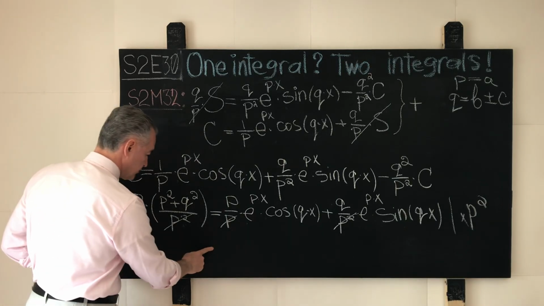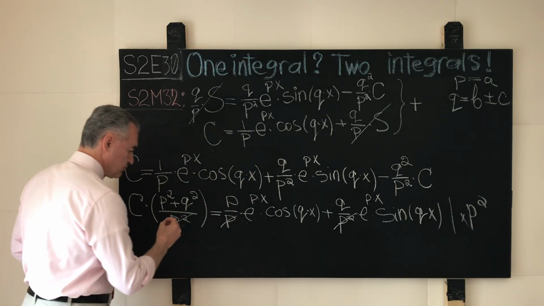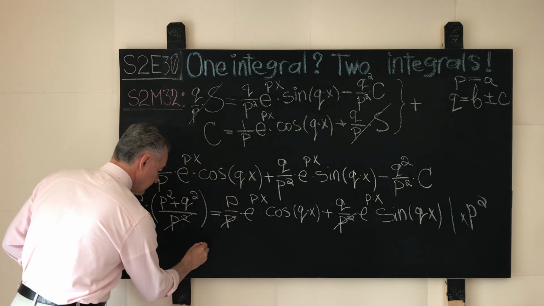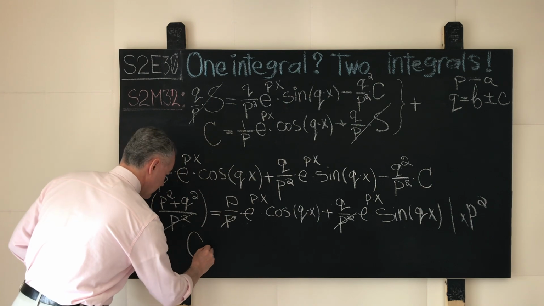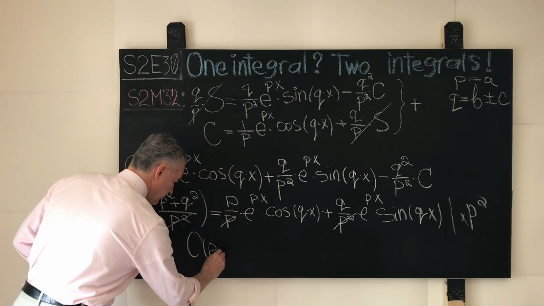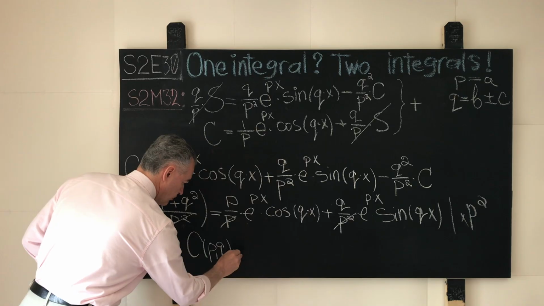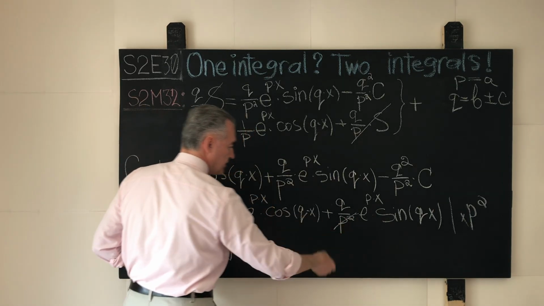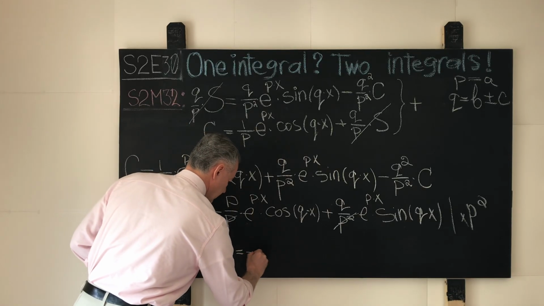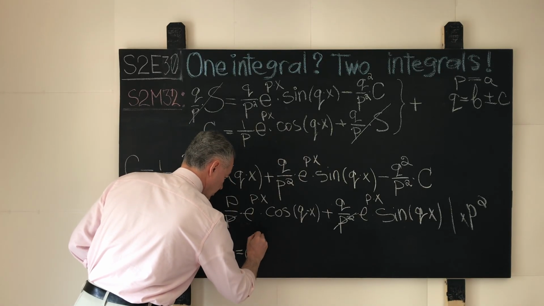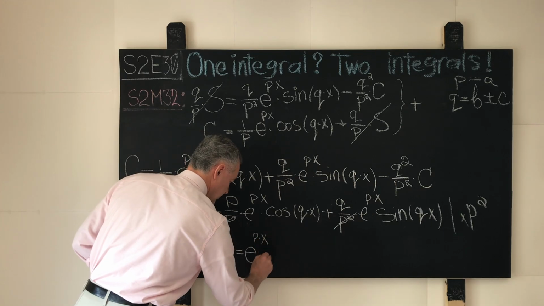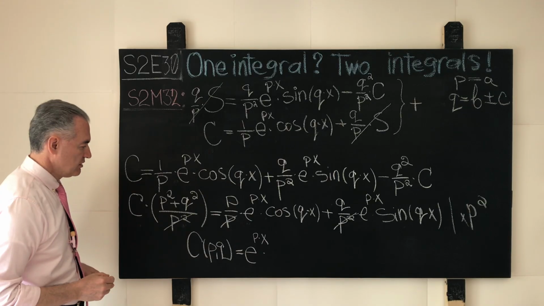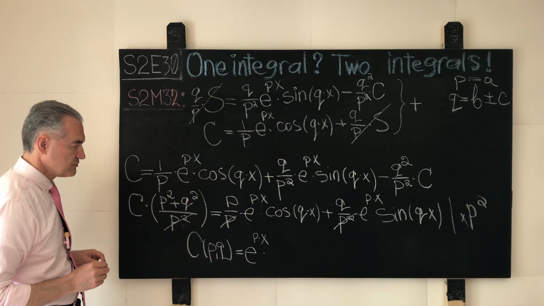Can we write down the answer for c? Yes, we can. Let's do it over here. Let me grab a new chalk. So now c as a function of p and q will be what? The one and the same exponent can be safely factored out, so we write it in front: e to the power p times x times a certain function that has the shape of a rational function.